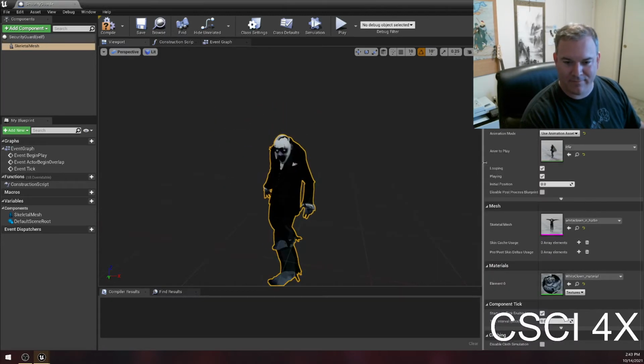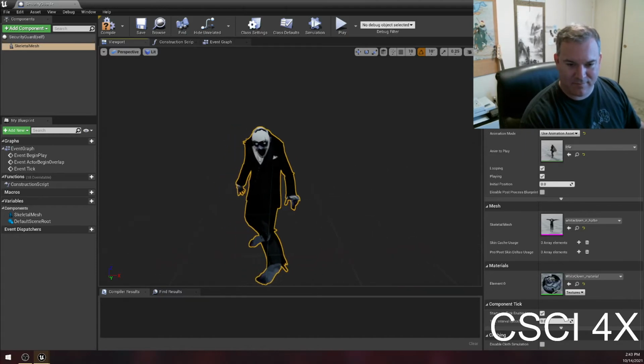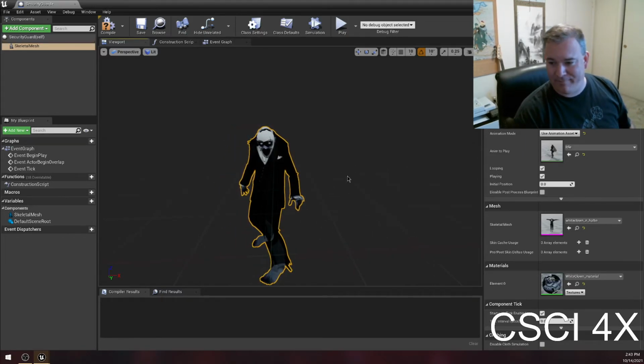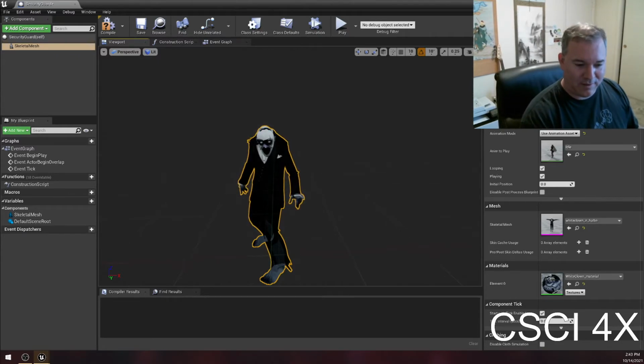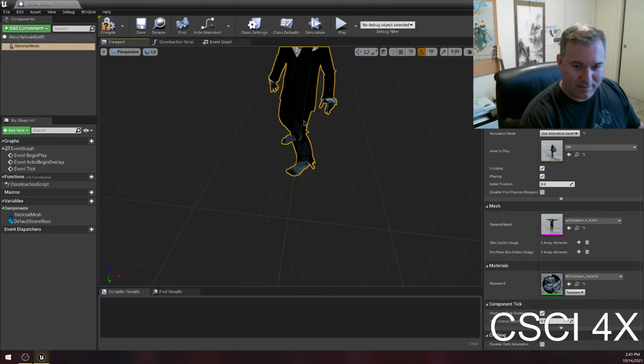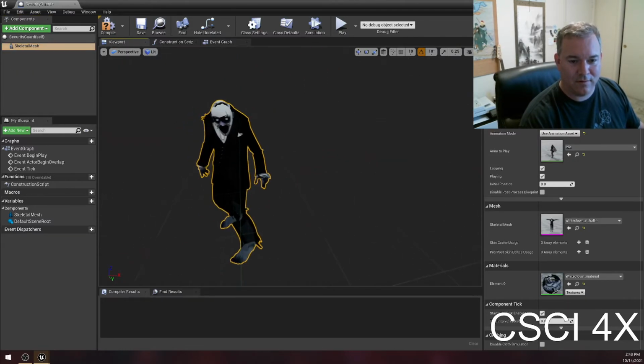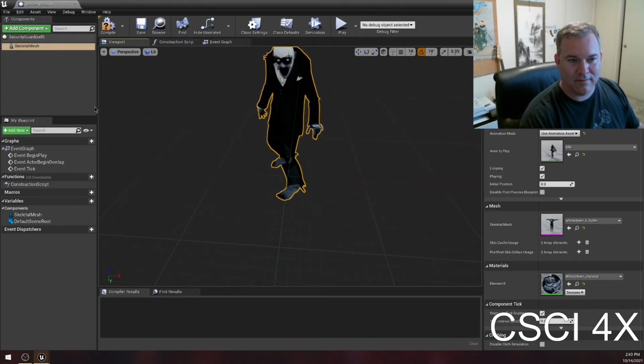Maybe just idle. There we go. That's perfectly creepy. Okay, so we've got a skeletal mesh, we got it idling. We need to make sure it is looking in the right direction, and it is not. See how it's looking in the Y direction here? So I'm going to rotate it. Oh, I can't rotate it. Dang. Alright.